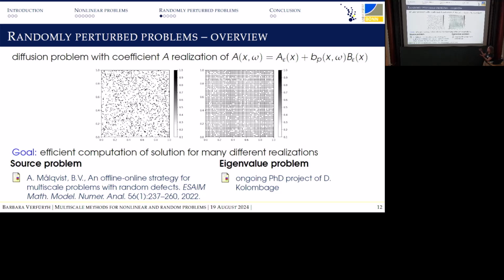Having this in mind, what is my goal? I want to, hopefully efficiently, compute the solution U to my diffusion problem with these realizations, for many different realizations. So I'm not directly going into the realm of stochastic homogenization, trying to come up with some homogenized tensor here, but directly trying to assess the solution.